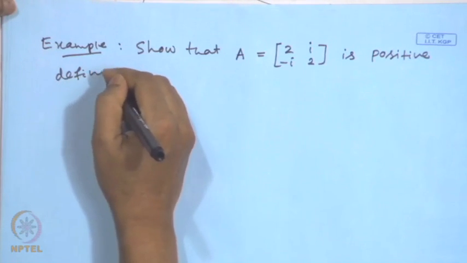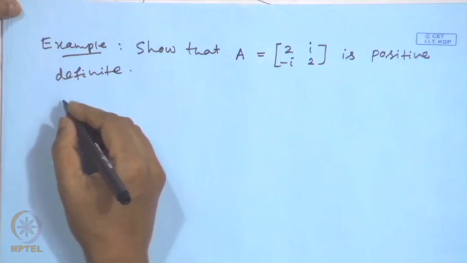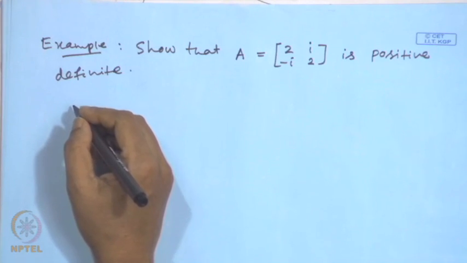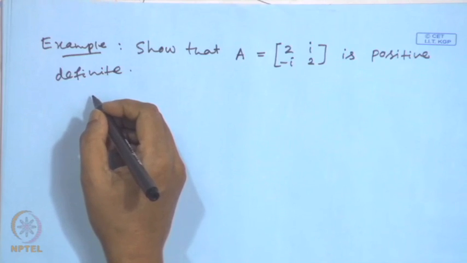For this we have to verify that the corresponding form Ax, x is greater than 0 for non-zero x.